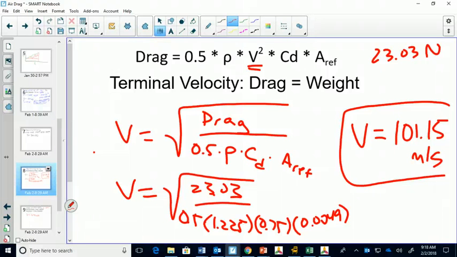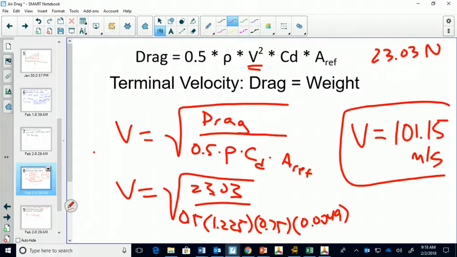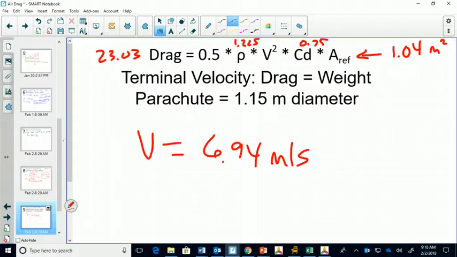That's a huge difference, right? A humongous difference. Just do me a favor, do 101 divided by 7. I'm just curious, because I can't do that math quick enough in my head. So yeah, almost 15 times less velocity, which is pretty impressive, right?